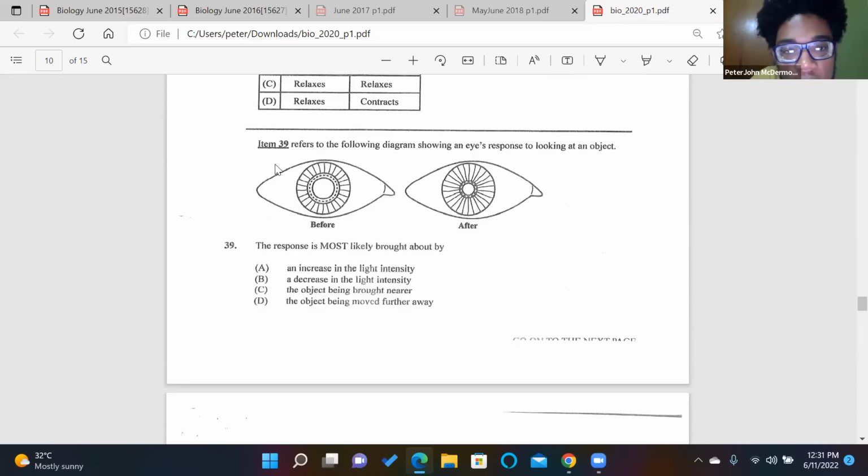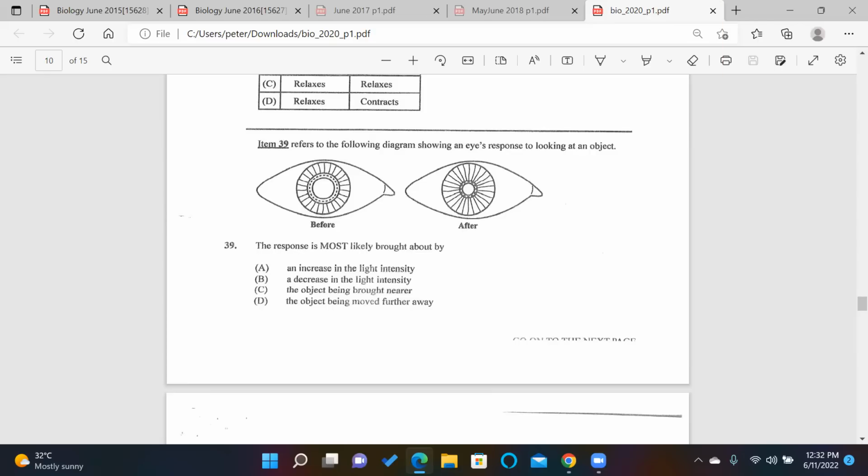So what do we see? A response to looking at an object. The response is most likely brought about by what do we see is happening here? A. What did he say? A. A. What's happening? Tell me what's happening. Contracting and so what's contracting?